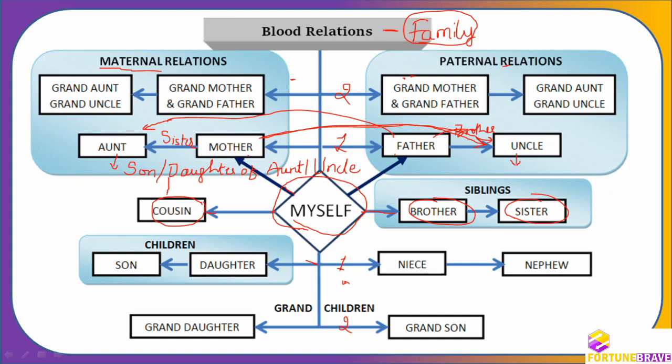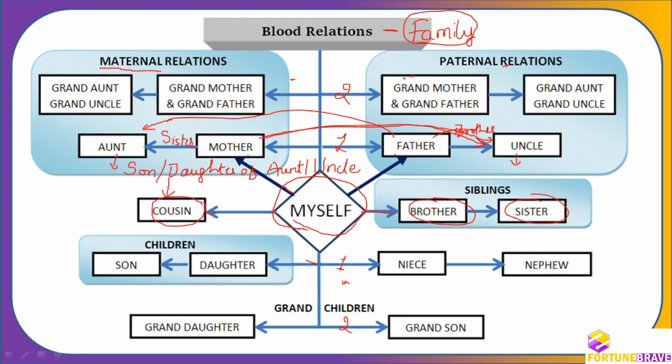Who is this? Cousin is the son or daughter of uncle or aunt. So your cousin may be son or daughter of your mother's sister, or your mother's brother, or your father's sister, or your father's brother. Is that clear? So a cousin can come from mother side or he can come from father side as well.